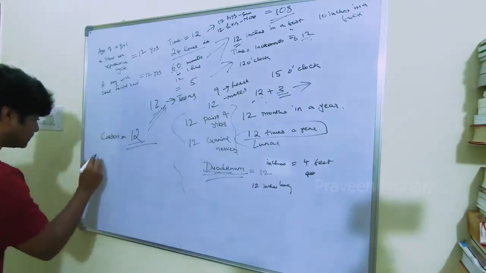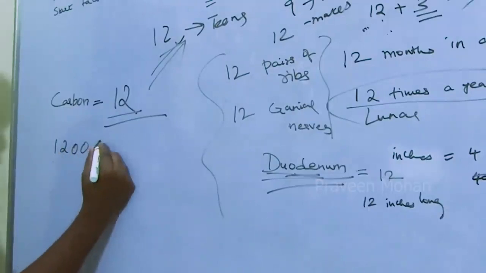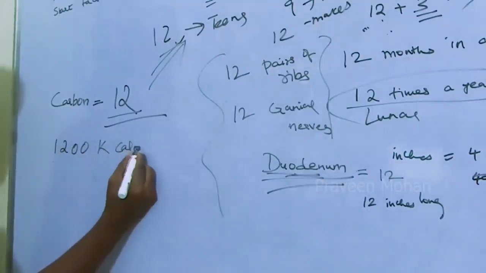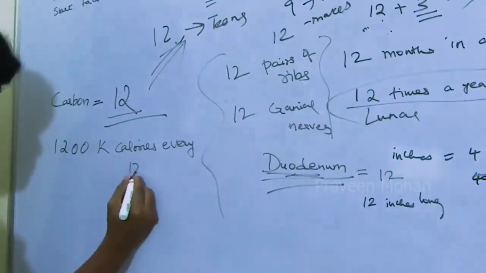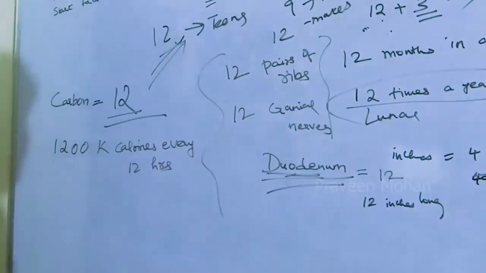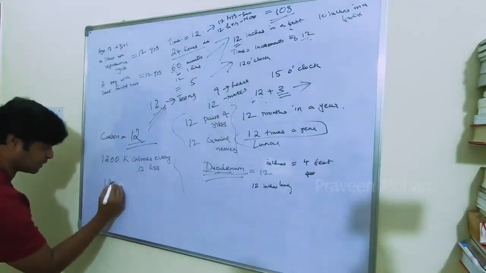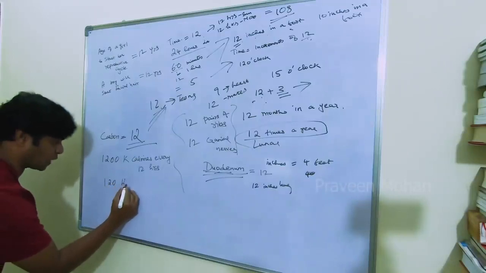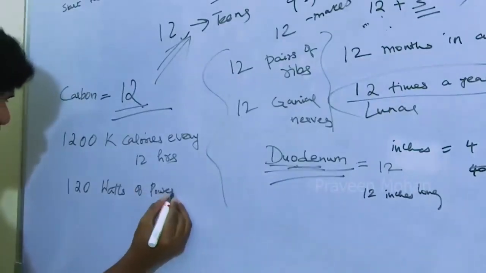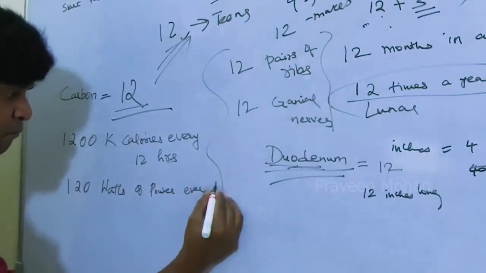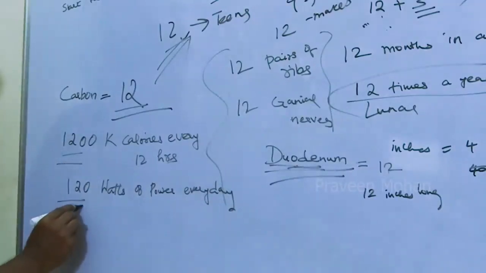And now, an average human would consume about 1,200 kilocalories every 12 hours. The other way to say this is that's about 120 watts of power every day. You see how it's all related to the number 12?